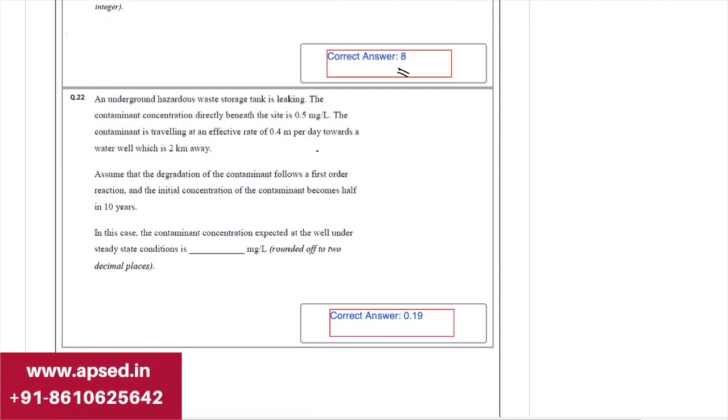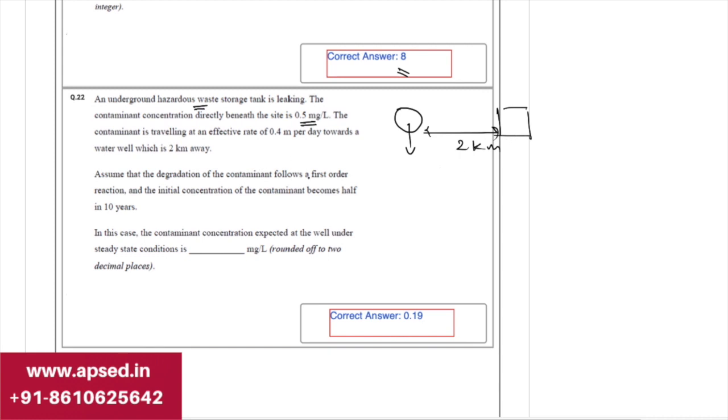In this next question, it is given that at some storage tank, hazardous waste is leaking, and the concentration is given as 0.5 milligrams per liter. Some 2 kilometers away from this tank there is a water well. We have to find out what the concentration of this contaminant will be when it reaches this well.